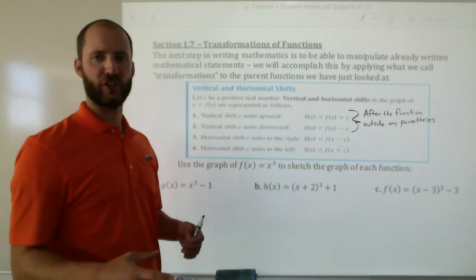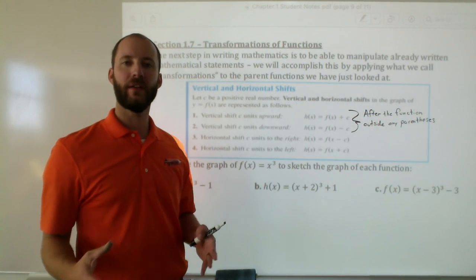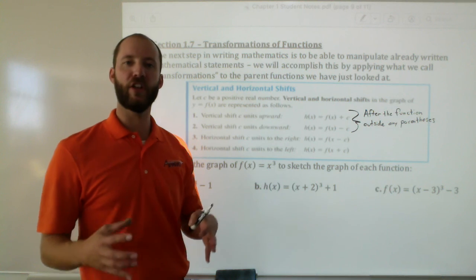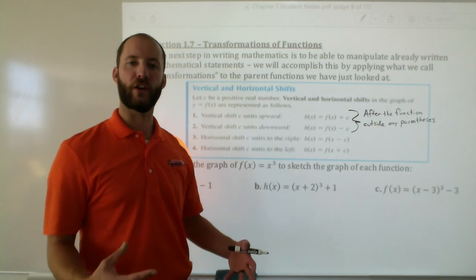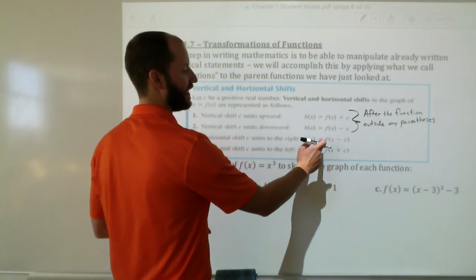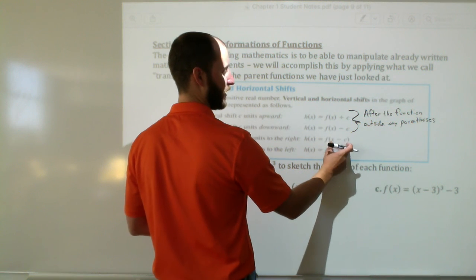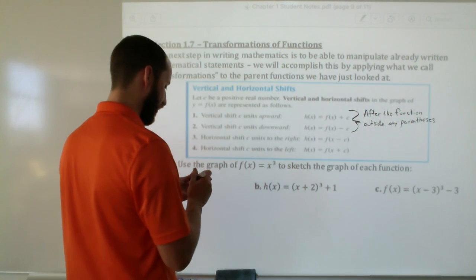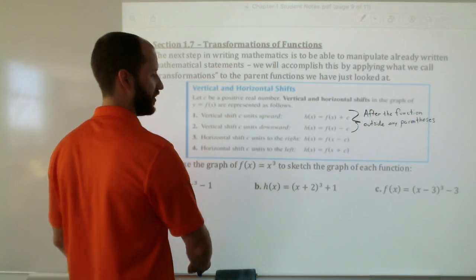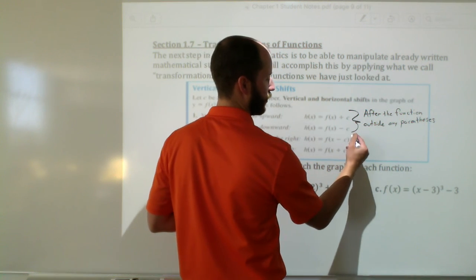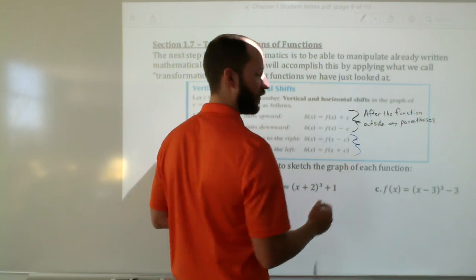Your horizontal shifts, they happen inside the function. So they happen during the function rule. So we see f of x minus c. We see f of x plus c. And what actually happens is these horizontal shifts have an opposite effect.